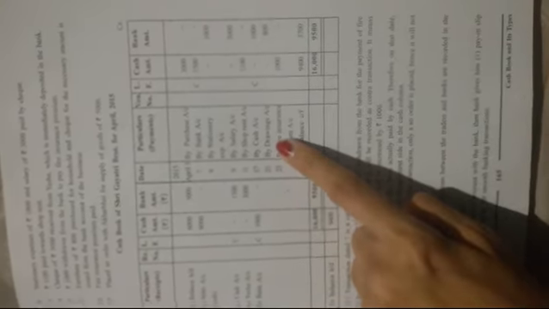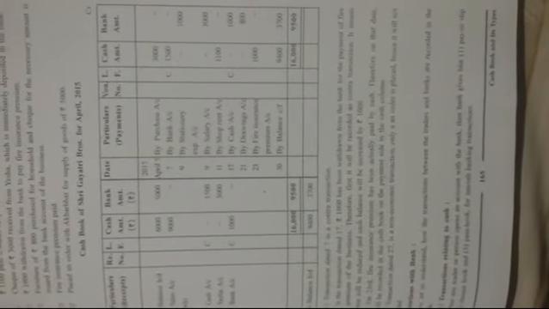Cash withdrawn from the bank as well as from the business for personal use is considered as drawings. Again the bank balance is decreasing, therefore it will be recorded on the payment side, or we can say on the credit side. So 21st April, by drawings account 800 would be recorded in the bank amount column.